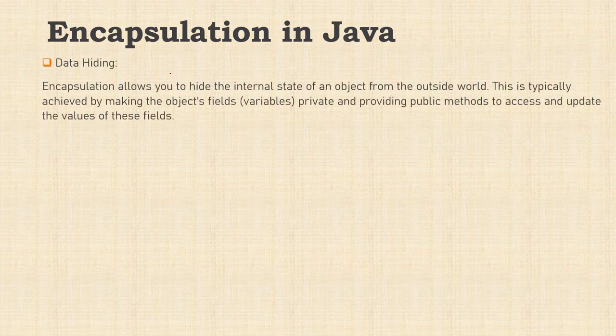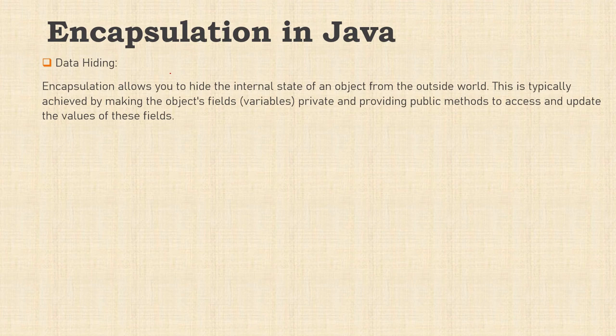Data hiding. Encapsulation allows you to hide the internal state of an object from the outside world. So you are hiding your internal state from the outside world. This is typically achieved by making the object fields, which are variables, private.